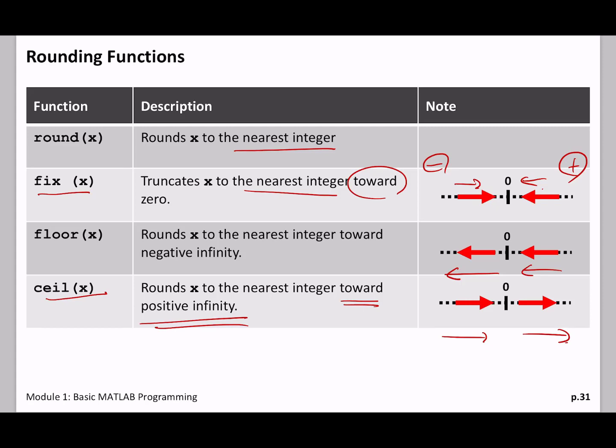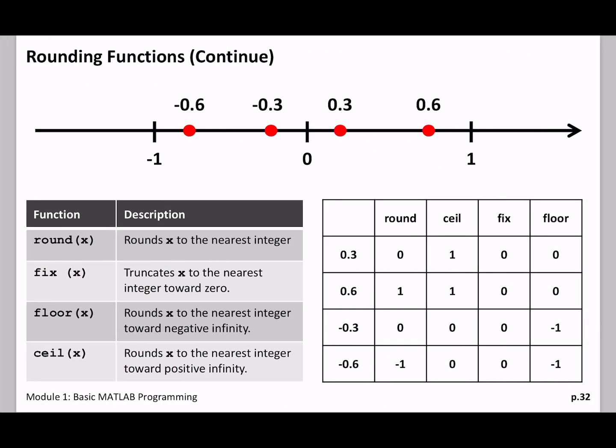Okay, let's take a look at the example. Round is the nearest integer. What is the nearest integer? 0, right? What is the nearest integer toward positive infinity? It's 1, right?